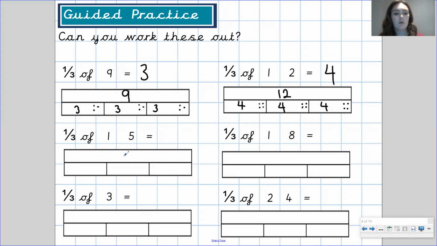So what do you think we're going to put in our whole on our bar model? Well done, we're going to put 15. Now, what are we going to do next? Well done, we're going to share 15 out equally into 3 equal groups.